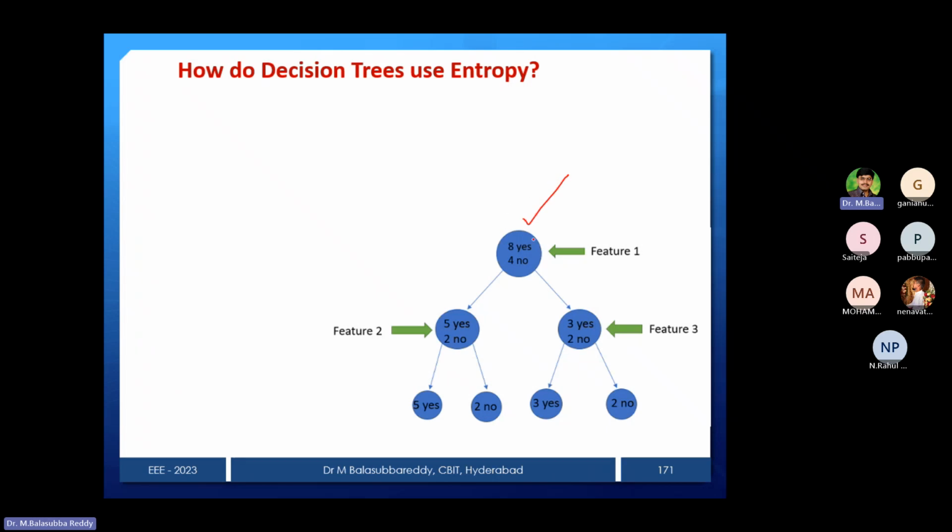In that category, 2 classes are there, positive class and negative class. According to our formula, it is minus the probability of the positive class times log of the positive class probability, and minus the probability of the negative class times log of the negative class probability. This is the formula as I showed you in the slide.